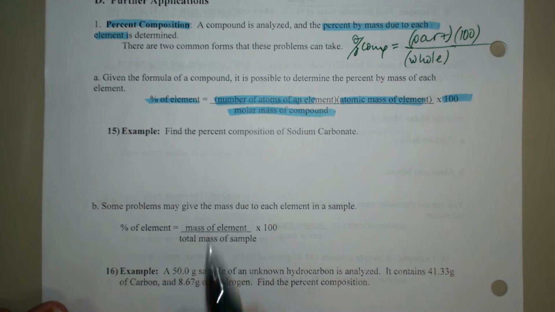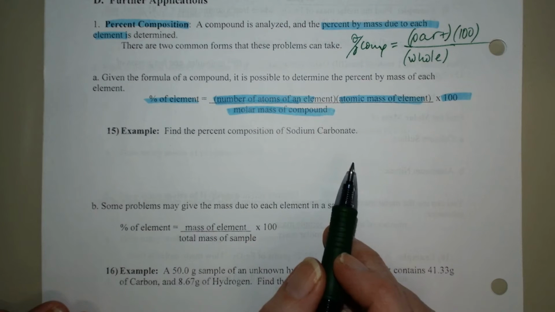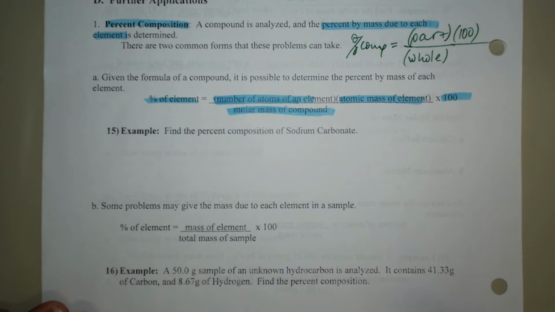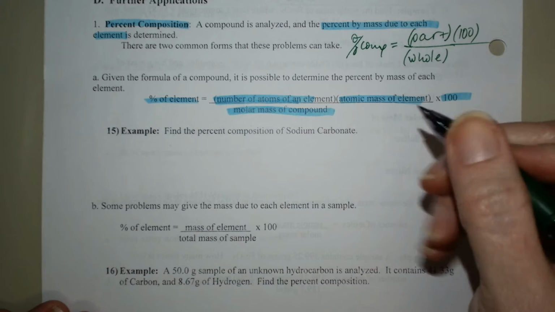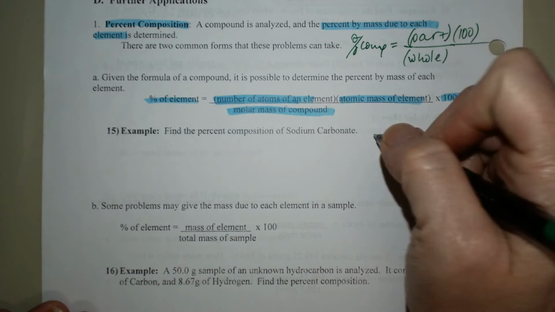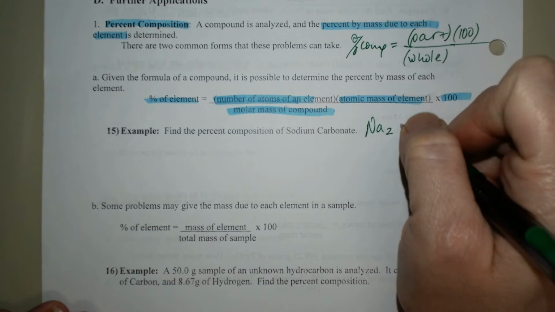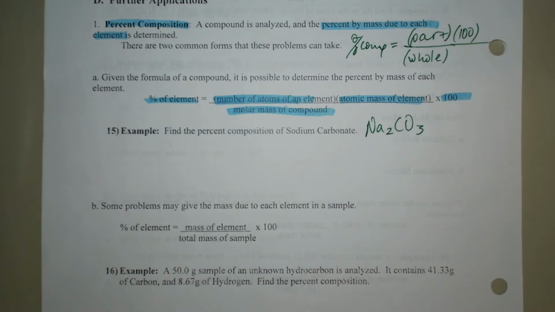So first example, it says find the percent composition of sodium carbonate. First of all, we have to figure out the formula for sodium carbonate. So what's the formula for sodium carbonate? Na2CO3, because carbonate's -2 and sodium's +1. All right, so real quick, on your own, in your calculator, calculate the molar mass of that.